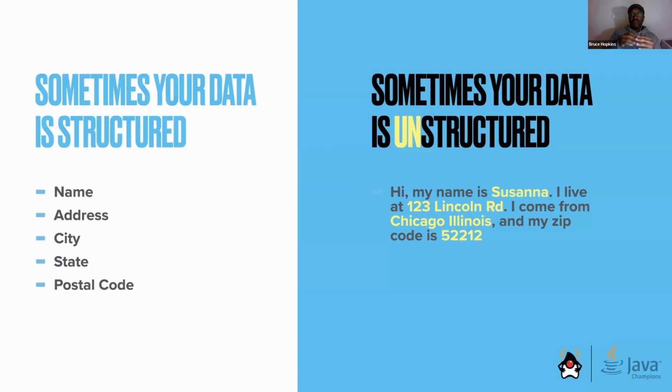So before the advent of these AI tools, getting unstructured data was a nightmare for a developer because then we have to parse this, we have to find out what these elements are. Some of you that are doing NLP, we have to do entity recognition to actually find out, okay, is this a name? Is this a place?